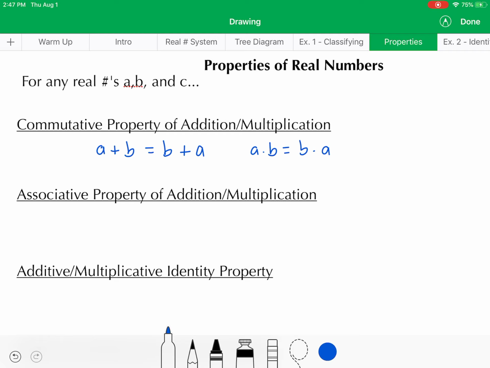The associative property of addition requires the use of 3 letters. Let's say we want to add 3 numbers together. If I want to do A plus B plus C, I have to add 2 numbers together at a time. So I'm going to throw some grouping symbols in here. B plus C would be added together first.